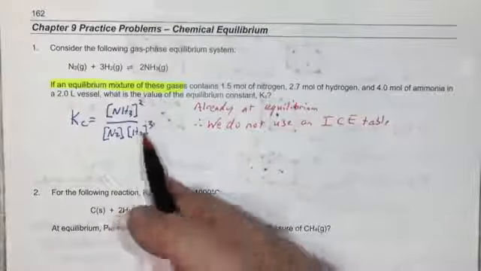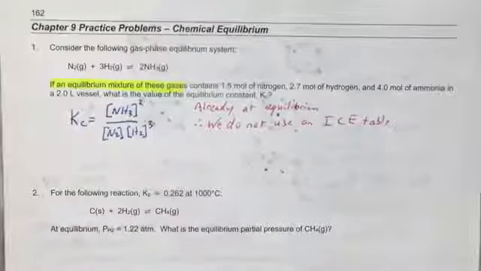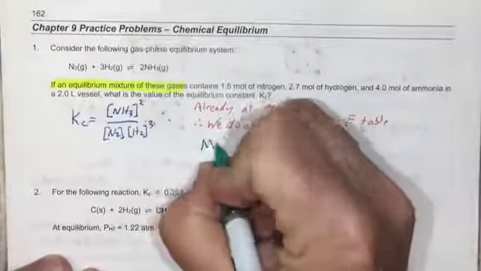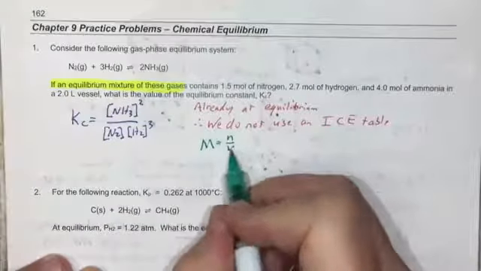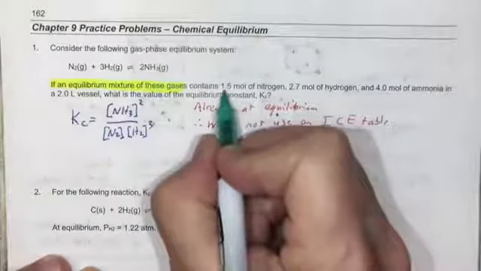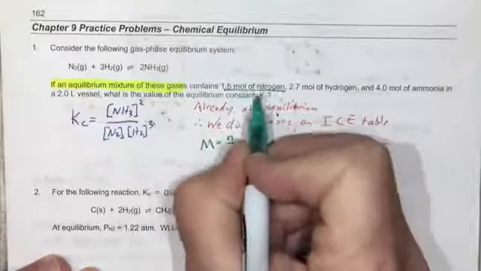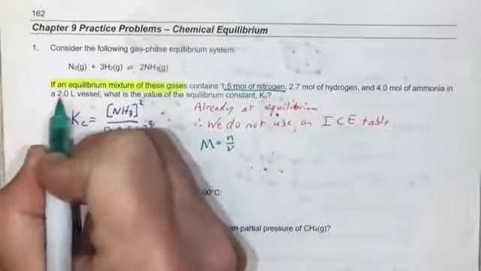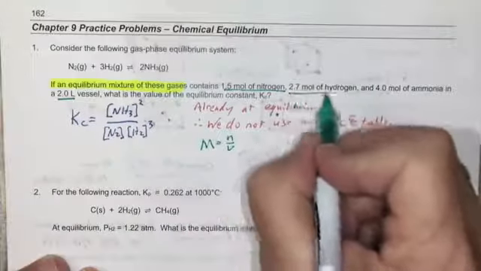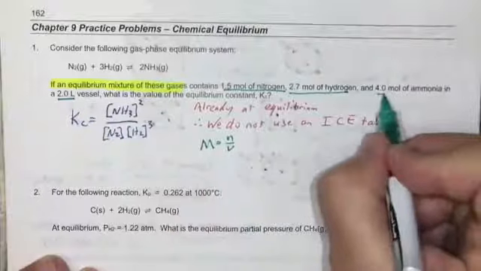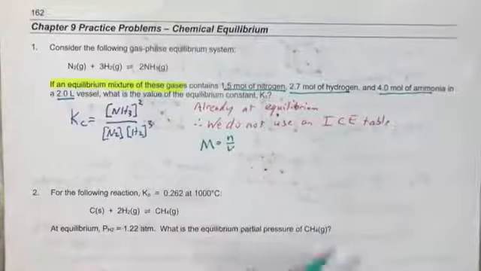Now, when we plug in the concentrations, keep in mind that concentration is in units of moles per liter. We divide the number of moles by the volume. We're given the number of moles of each substance, 1.5 moles of nitrogen, for example, but it's in a 2-liter vessel, so it's going to be 1.5 divided by 2. This is the number of moles of hydrogen in a 2-liter vessel, and this is the number of moles of ammonia in a 2-liter vessel.